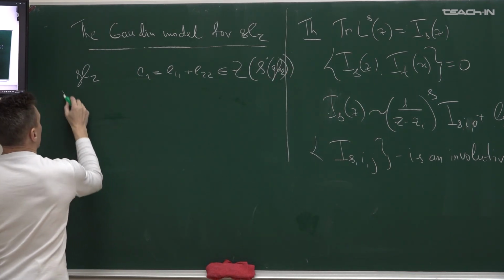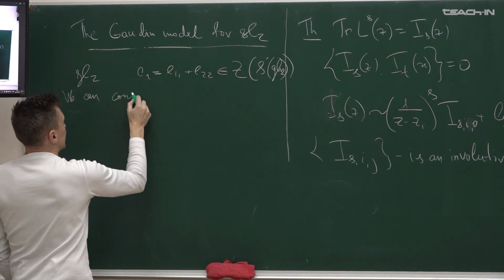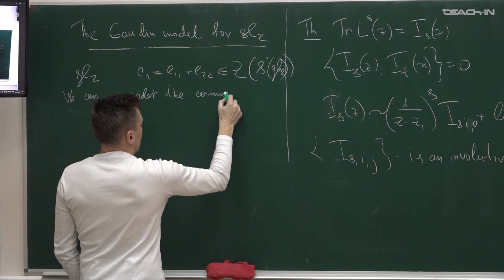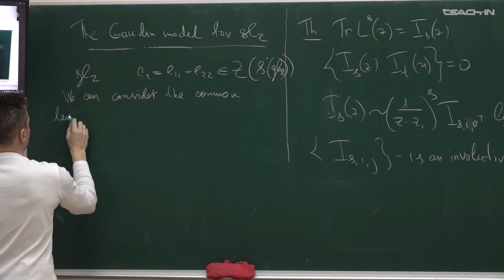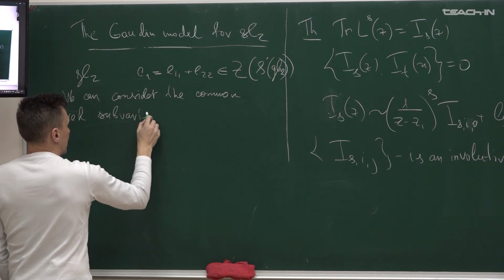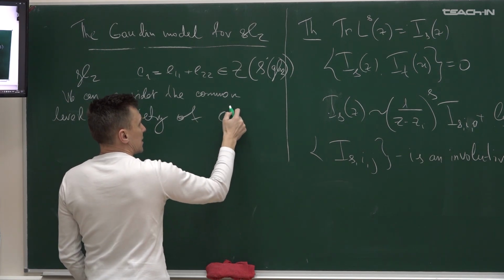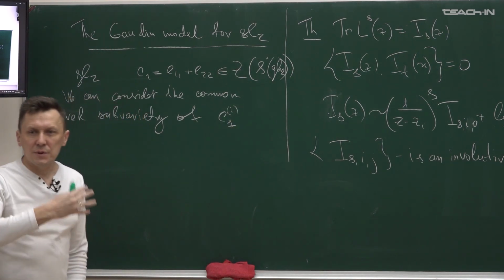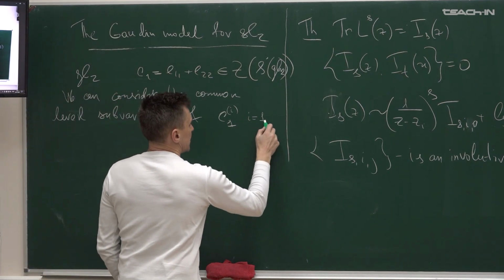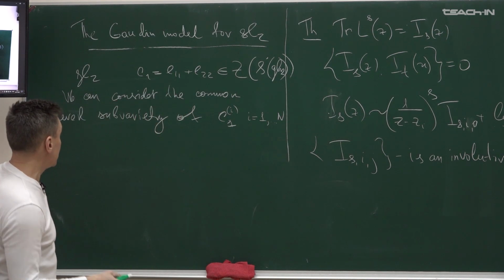So we can consider the common level subvariety of all these Casimir functions in all copies of our Lie algebra gl_2.